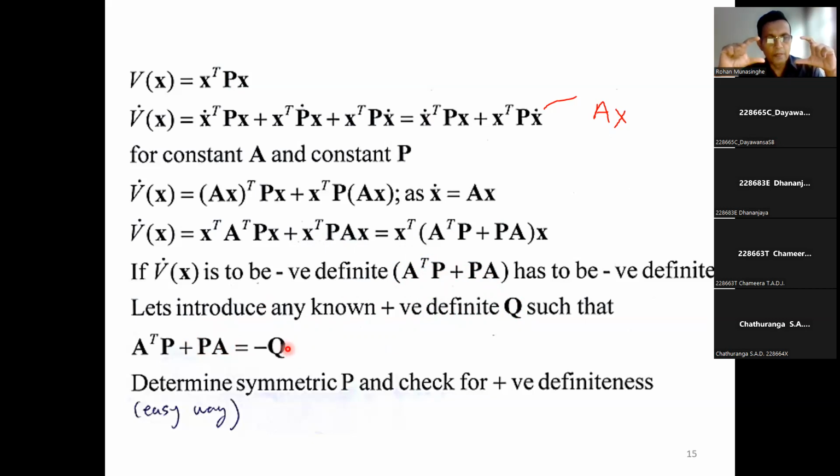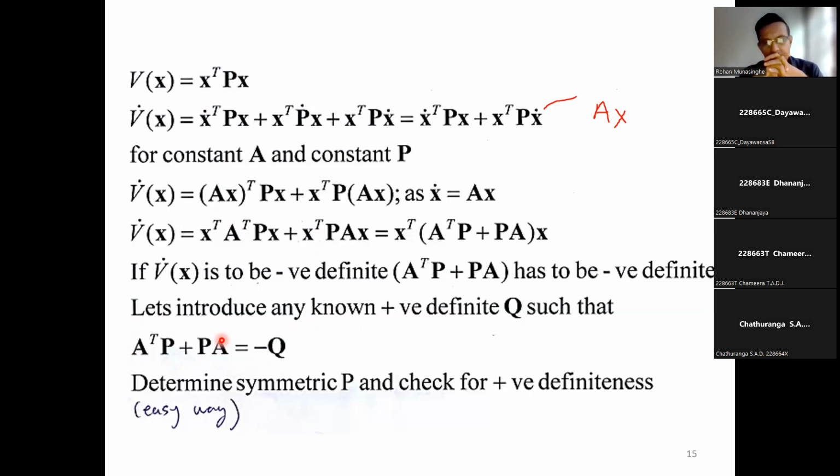So if this is true, A transpose P plus PA, this whole thing is negative definite because Q is positive definite. P is positive definite, Q is also positive definite, and with this negative sign, the expression on the left-hand side becomes negative definite.